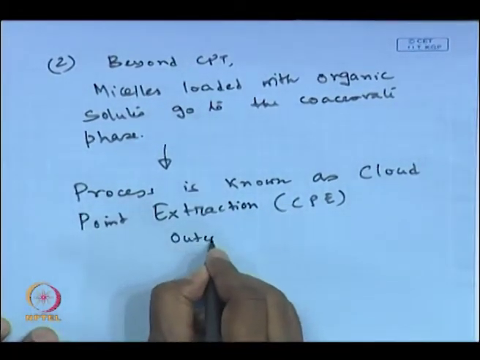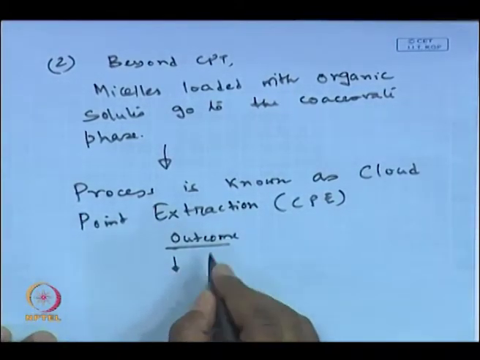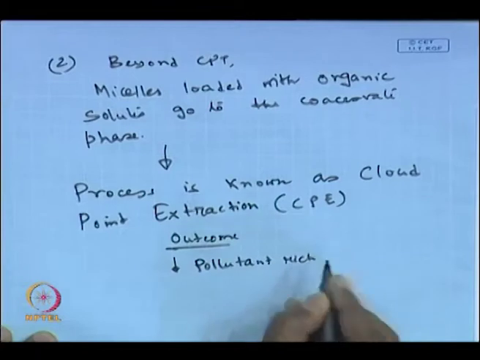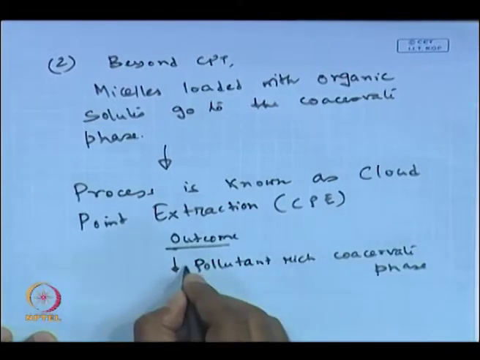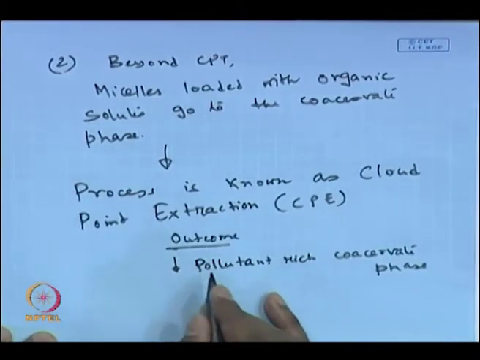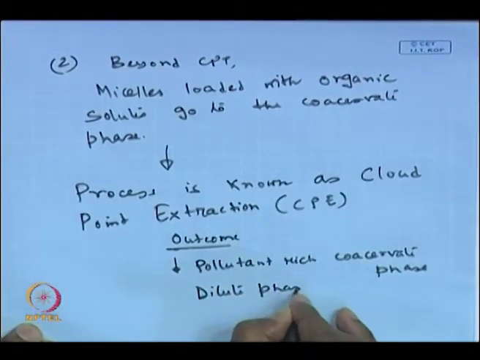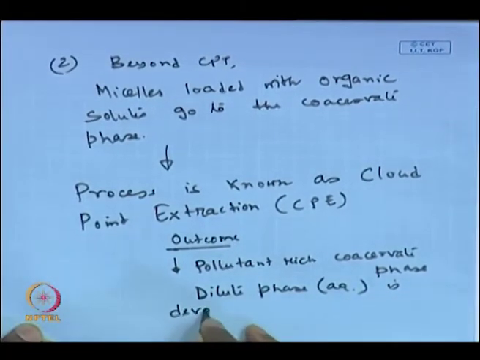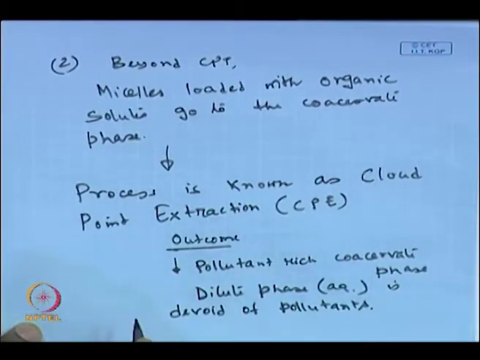And what is the net result of it? The outcome is you will be having a solute rich coacervate phase, a pollutant rich coacervate phase, and at the same time you will be having an aqueous phase, the dilute phase, which is almost devoid of the organic pollutants.